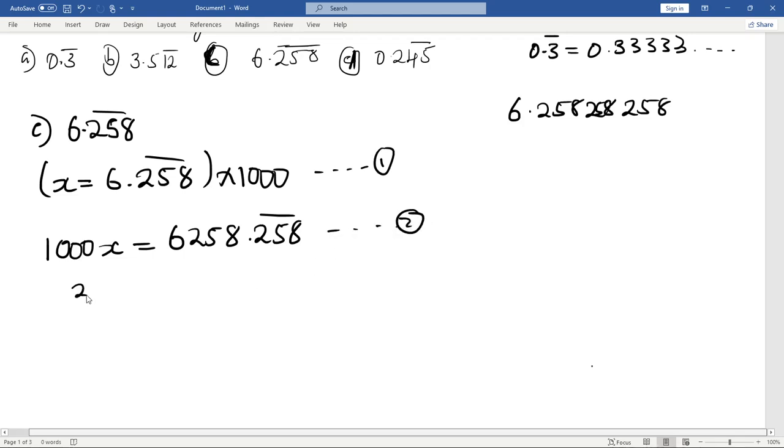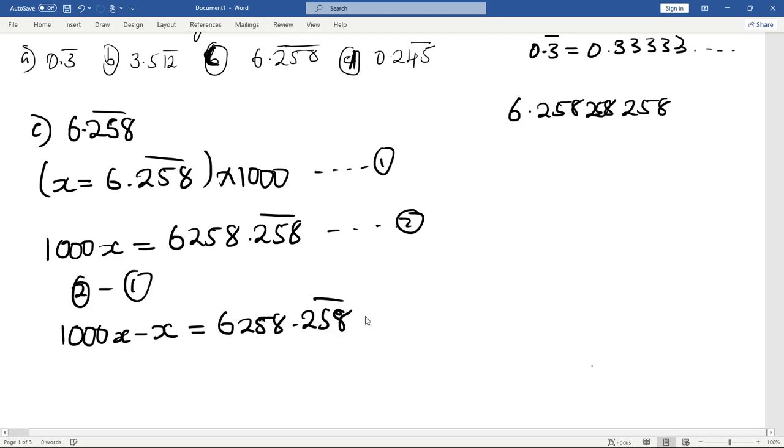So we say equation number 2 minus the first equation, and we simply have 1,000x minus x on this side, and 6,258.258 bar minus 6.258 bar on this side.